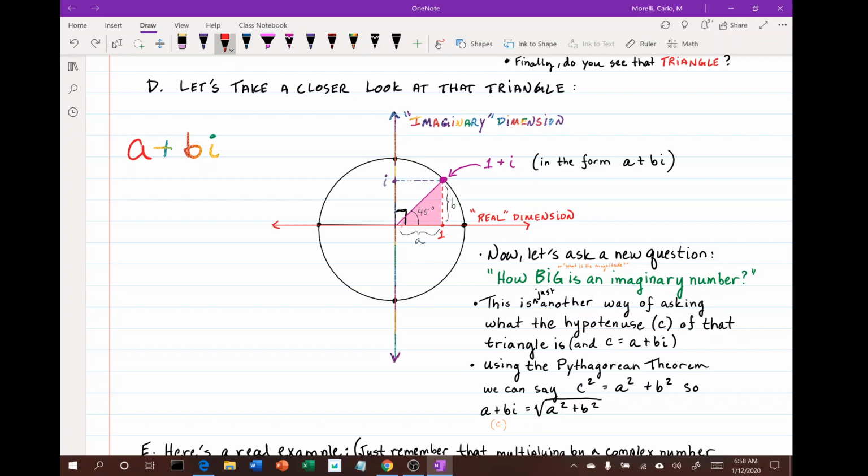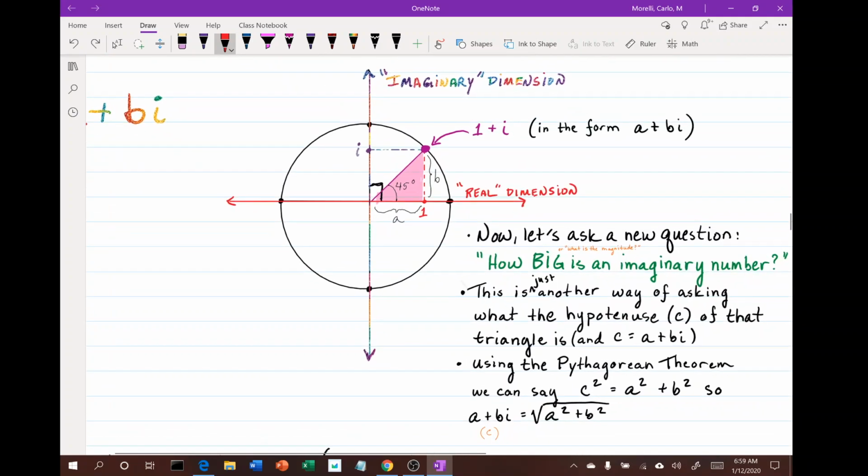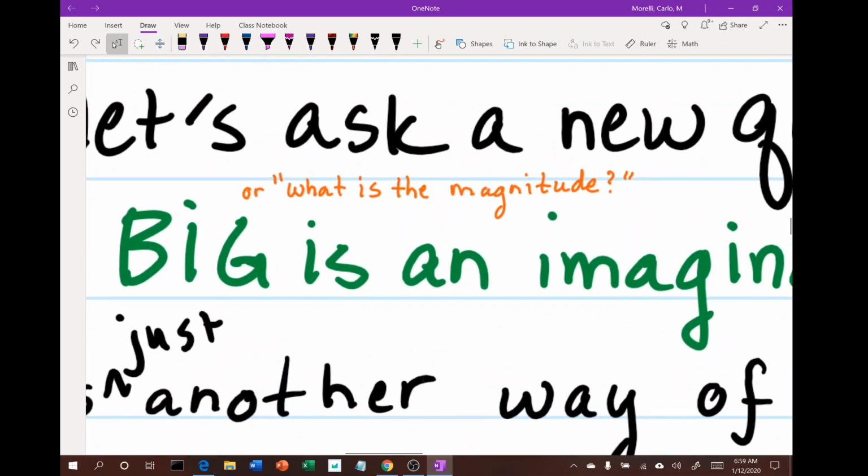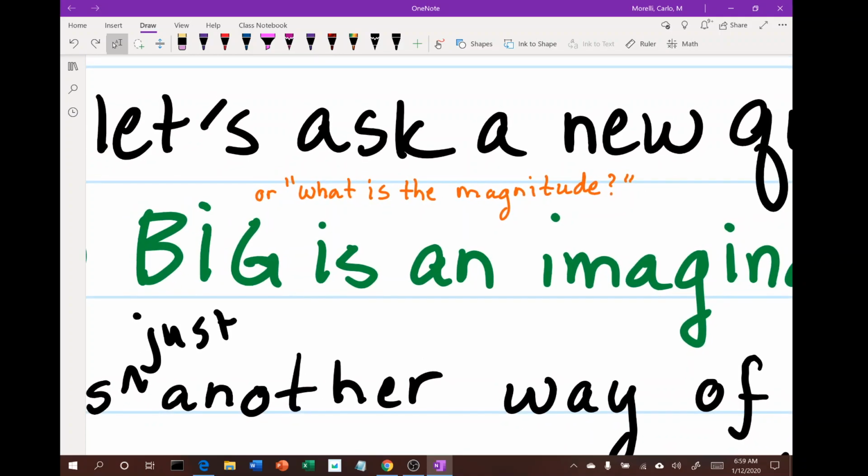So, here is the question. How big is an imaginary number? Or I even have it down here: what is the magnitude of the imaginary number?